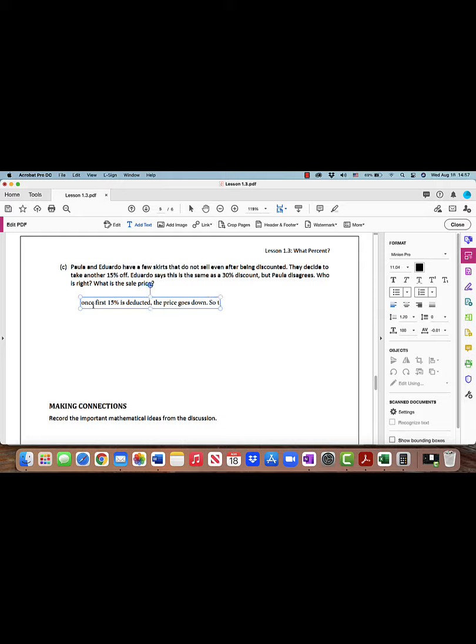So then you take another 15% of a lower price. The discount gets lower because the price is already lower, so it's not going to be the same, because the base changes. And to demonstrate this, we're going to take a look at a skirt.